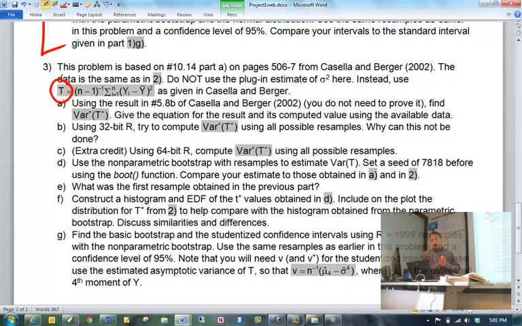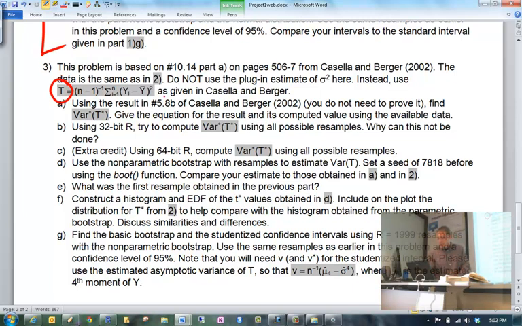Now, in number 1, you can actually find var star T star without physically taking resamples. Well, you can also find var star T star when T is the sample variance. I want you to do that here for this particular example.